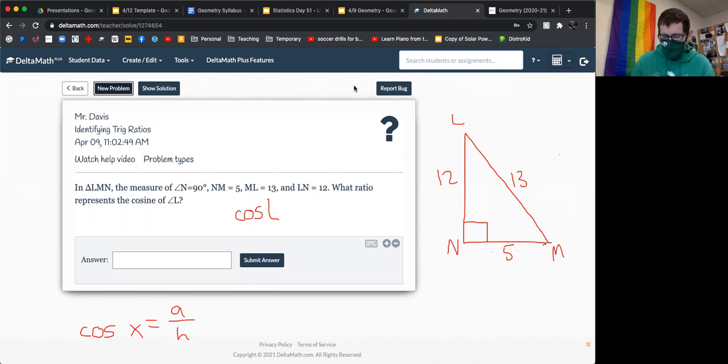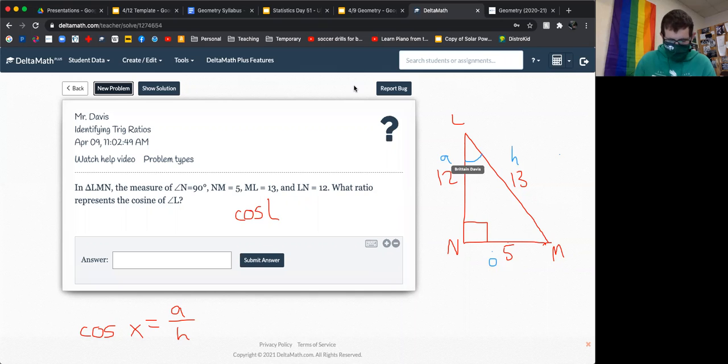L. It's always whatever angle they tell you, that's your reference angle. And it's never going to be the right angle. It's always going to be one of the two acute angles. So from here, tell me the hypotenuse is which side? 13. The opposite is which side? And that means 12 is the adjacent.